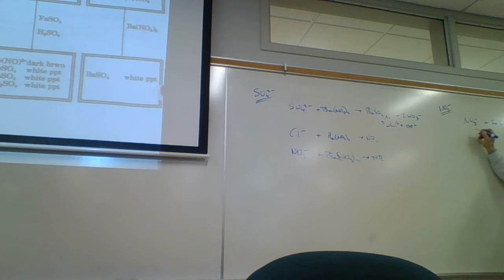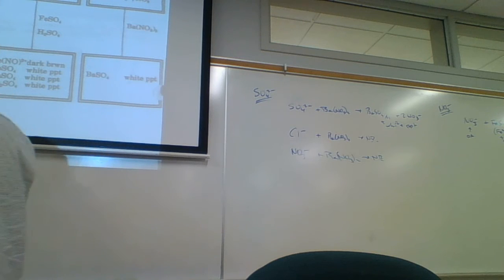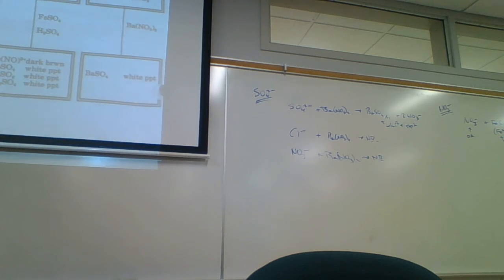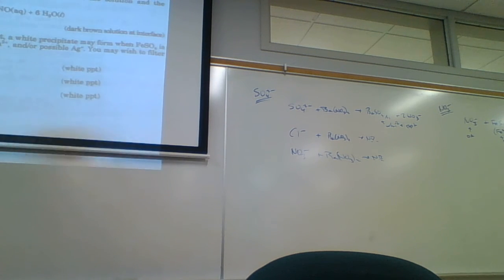What's happening here is nitrate is an oxidizing agent, and iron 2 is a reducing agent. And so we're going to have a redox reaction where the nitrate will take electrons from iron 2. And so what's that reaction? That reaction is shown here.